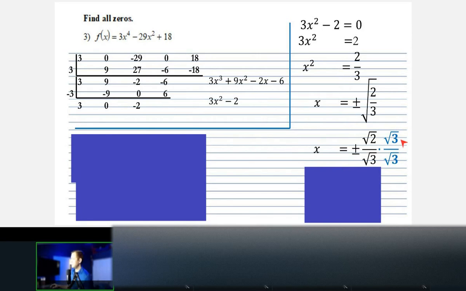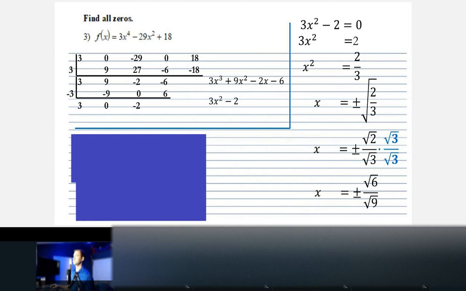Another little reminder, that when you have a square root times a square root, you multiply what's inside together. So we would do 2 times 3 is 6 on top, and 3 times 3 is 9 on the bottom. The square root of 6 does not reduce further.